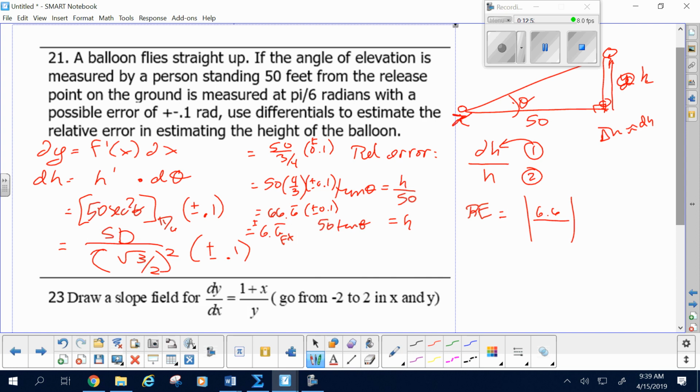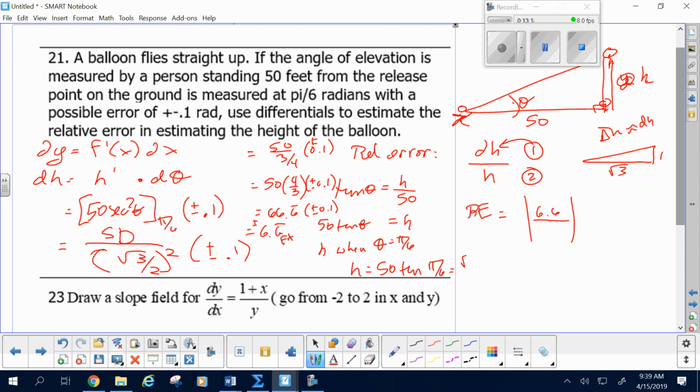What about the height at that instant? The height when the angle is pi over 6 is 50 tangent of pi over 6. What's tangent of pi over 6? Is it root 3 or root 3 over 3? Root 3 over 3, that's the idea of the smaller side, opposite over adjacent.